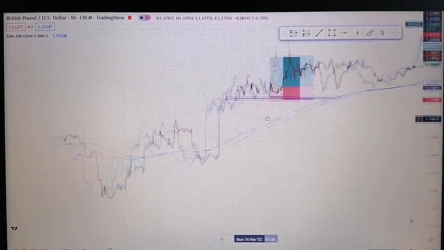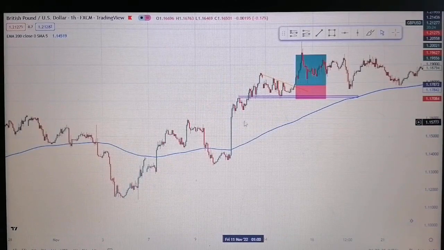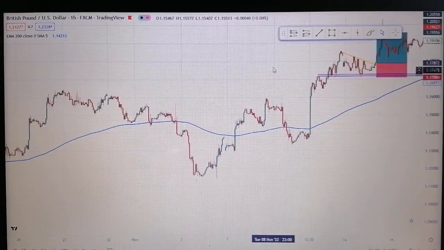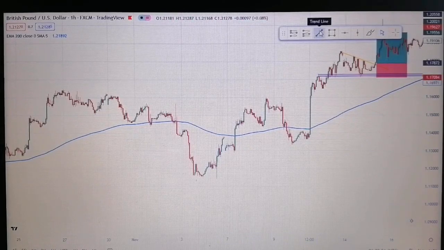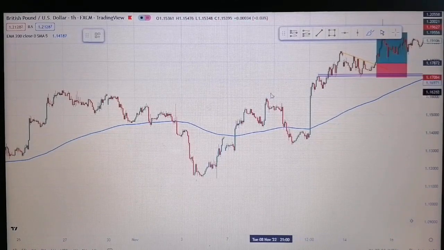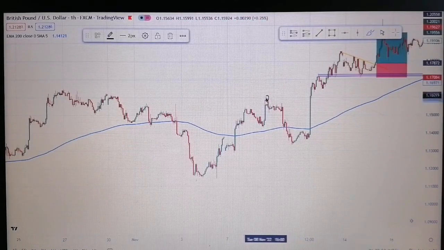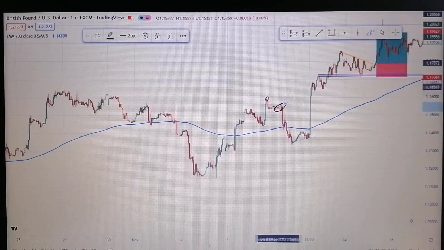Somewhere right there. Let me look for another example. And make sure your trend line has at least 3 touches. For example, right here you have 1, 2 touches.